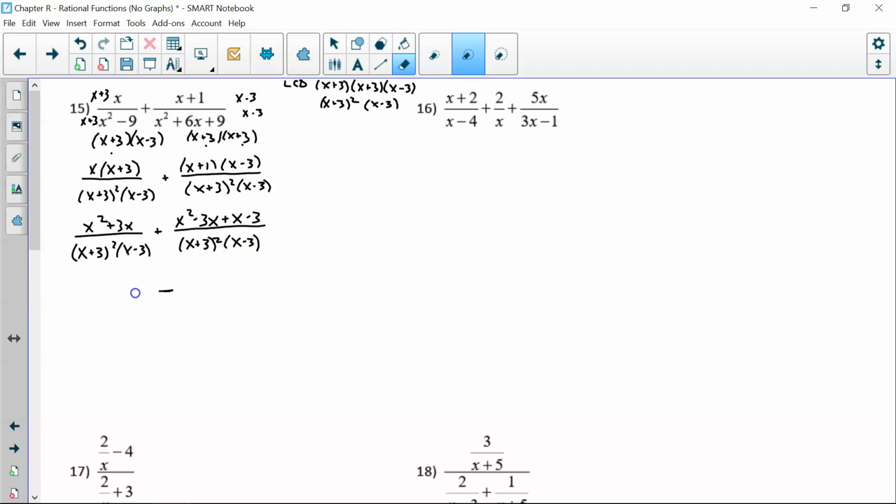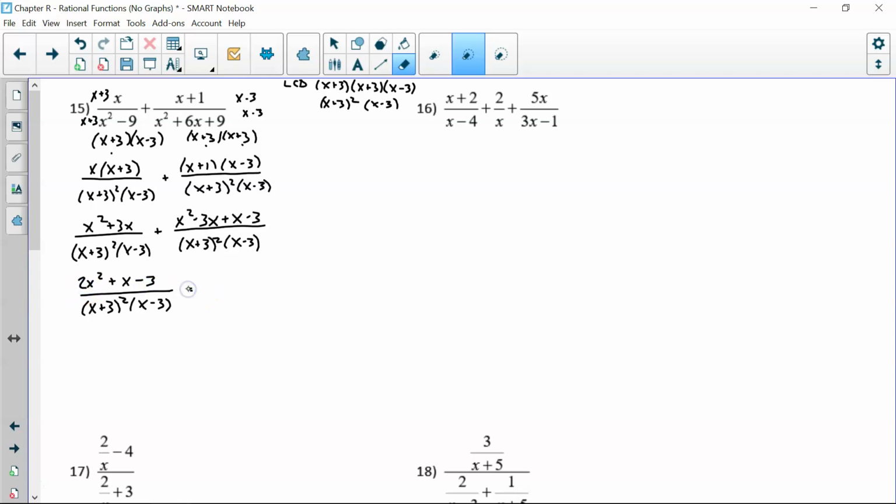Now, for our common denominator, it stays the same. X plus 3 squared, x minus 3. And we add up our numerators. We have an x squared and another x squared, which gives us 2x squared. 3x minus 3x plus x is going to be plus x and then minus 3.